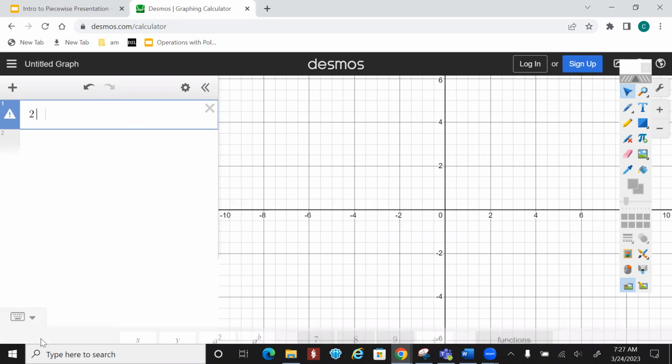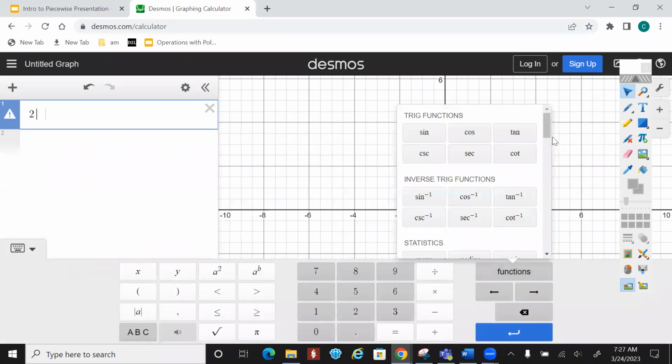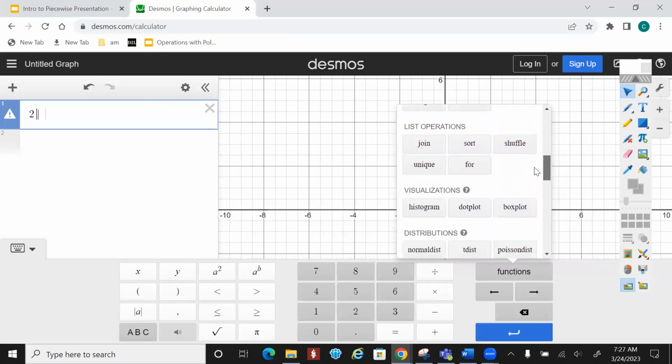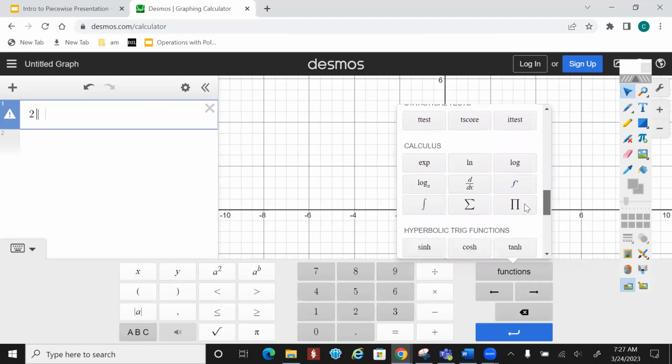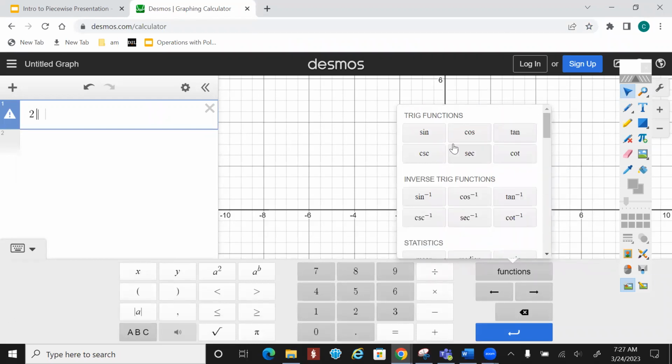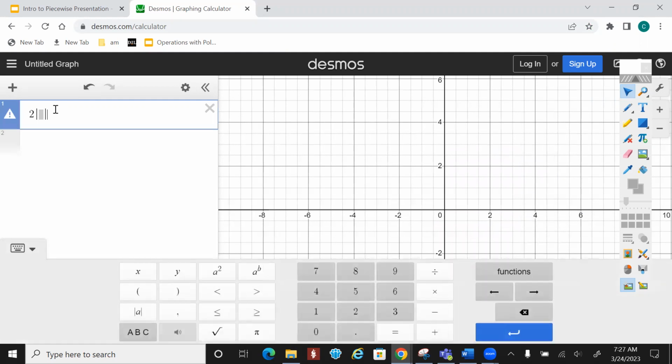You could also go in the functions, and I think there's a way to do absolute. Maybe not. Maybe it's just ABS. Nope. All right, so you're going to hit Shift backslash.